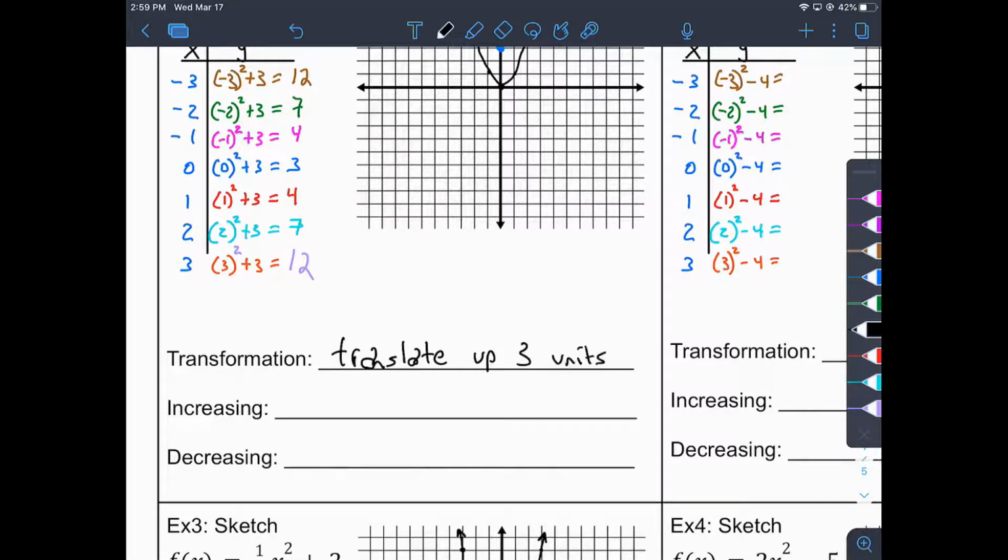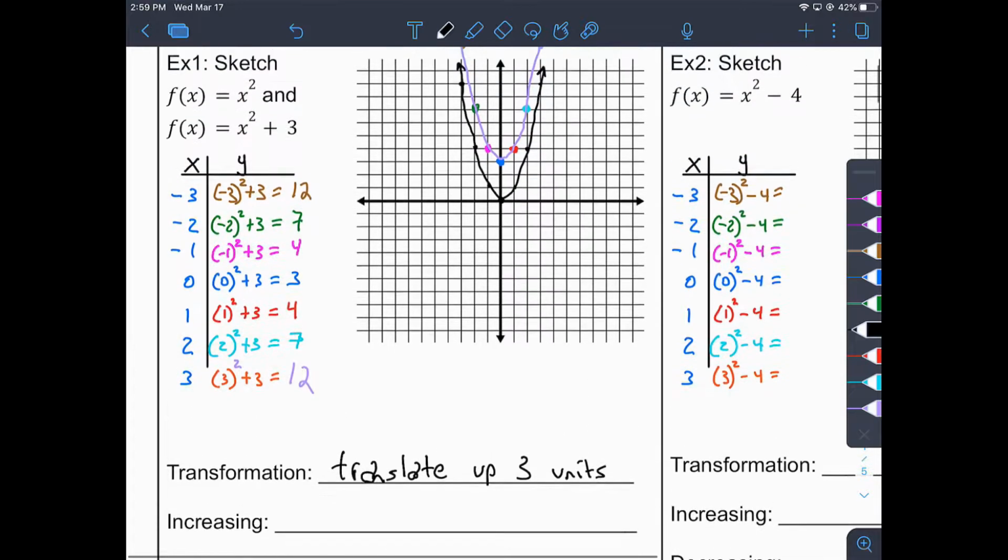Now notice, like we said, we counted it up 3 units, one, two, three, which matches the +3 that took place. So somehow this C value is controlling, so far, a movement of the entire graph, not changing its shape, just translating it.